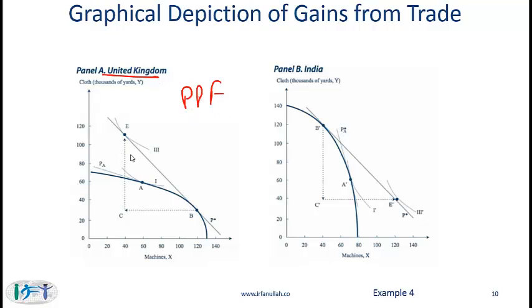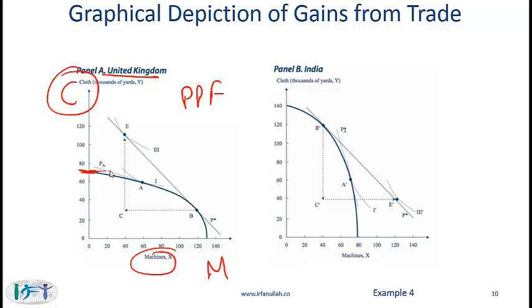If we look at panel A, which is the UK, if the UK puts all its energy in producing clothes, then it will produce this many clothes and 0 machines.